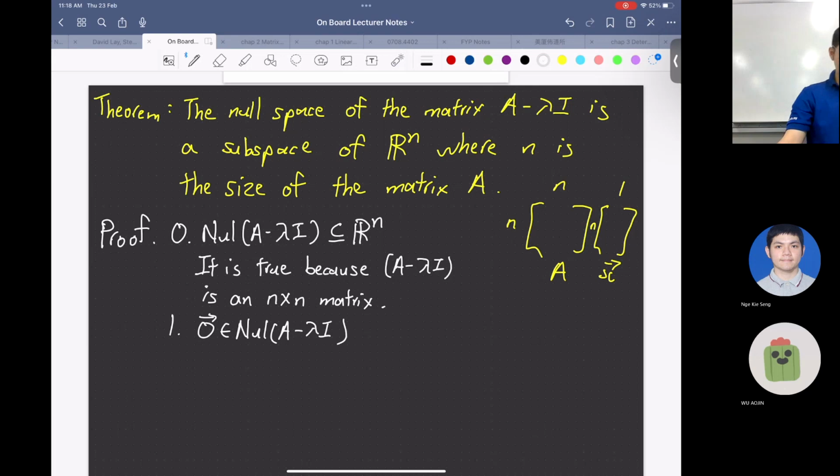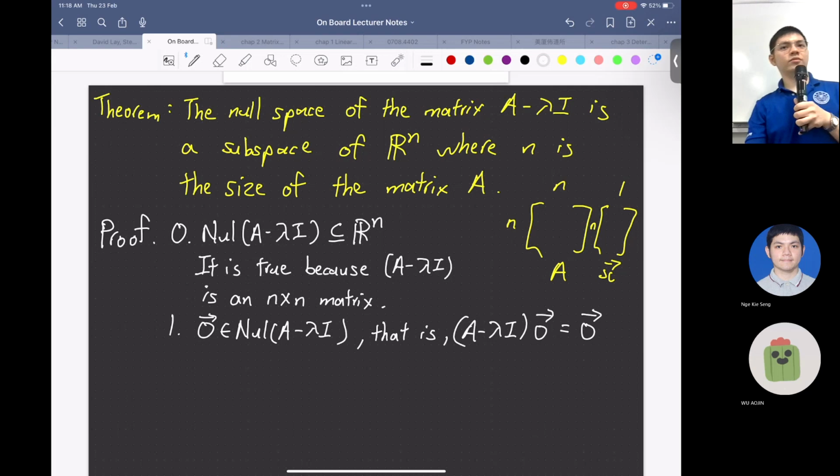Secondly, is 0 inside the null space of A minus lambda I or not? That is, A minus lambda I times 0 is equal to 0. Is this true? True. Someone said not true. A matrix multiplied by a zero vector, do you get 0? You get 0, right?